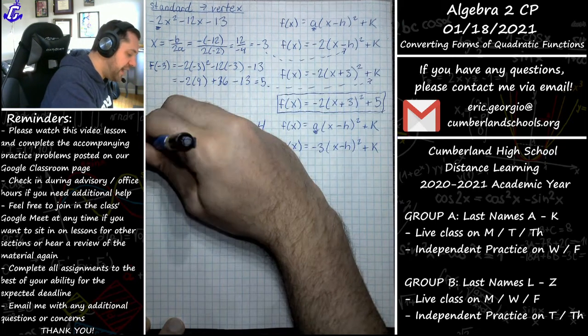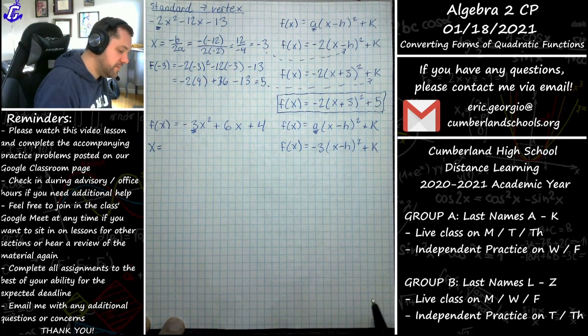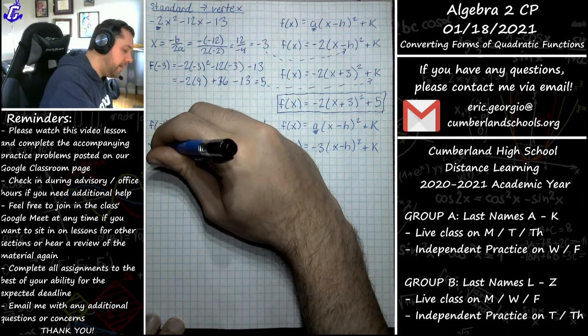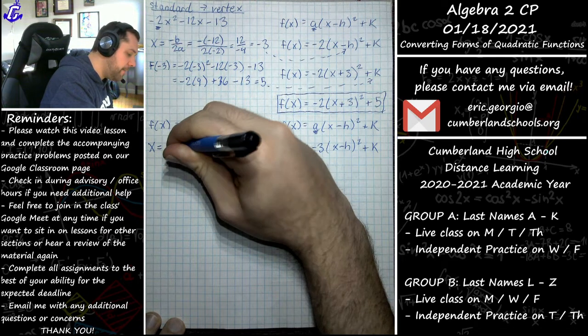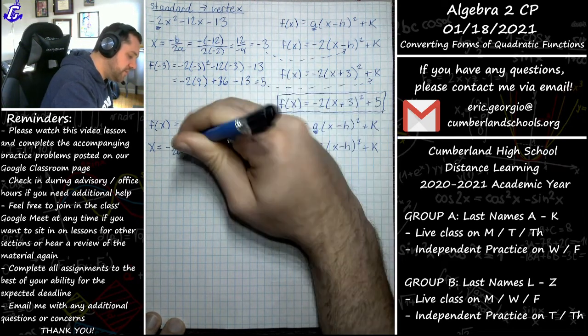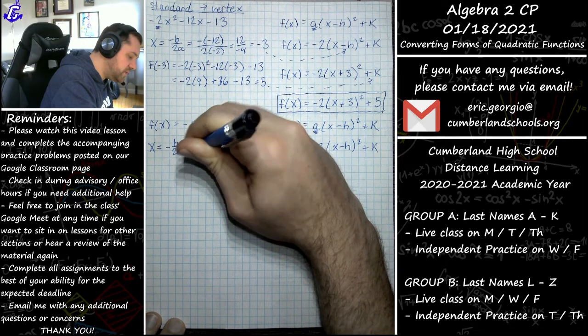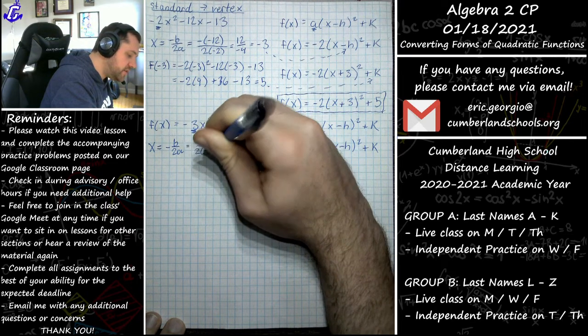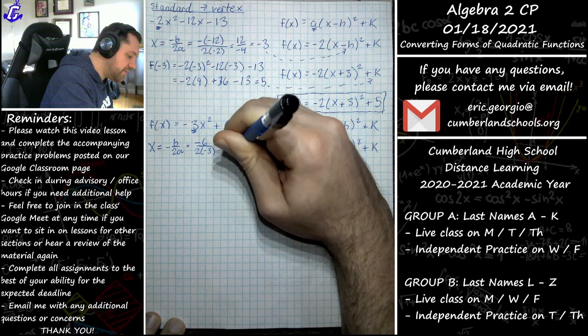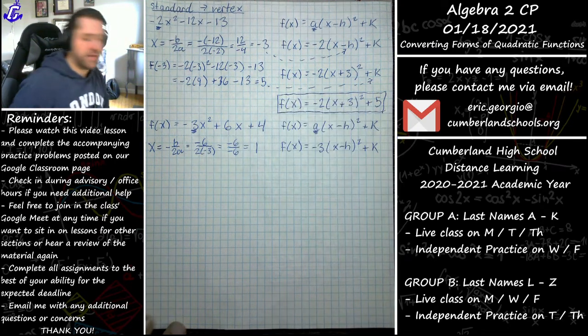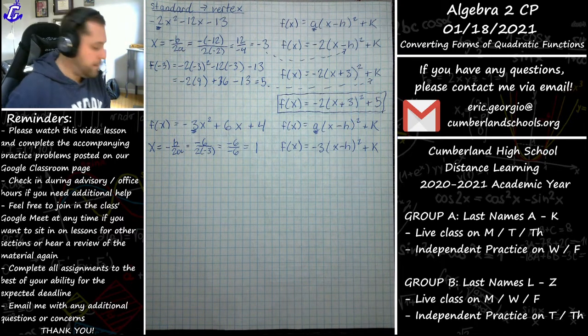I would say that the x-coordinate of my vertex is negative b over 2a, which is negative 6 over 2 times negative 3, which is negative 6 divided by negative 6, which is positive 1 itself, which is great.